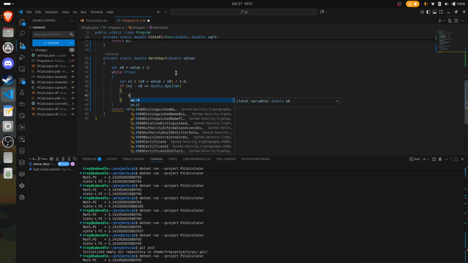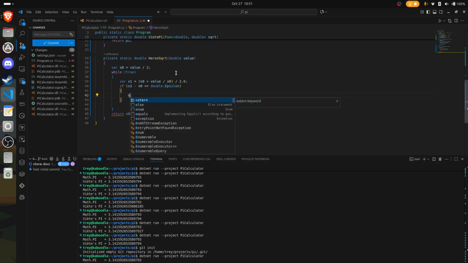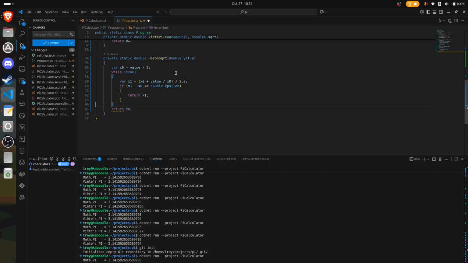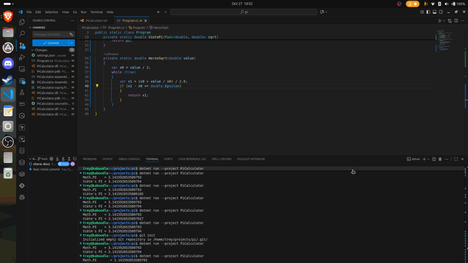If that's true, assign it to x0 and... No, we're just going to return x1. So this will just keep looping until the difference is small enough, and then exit. And then it hangs forever because the difference never gets small enough. That did not work.